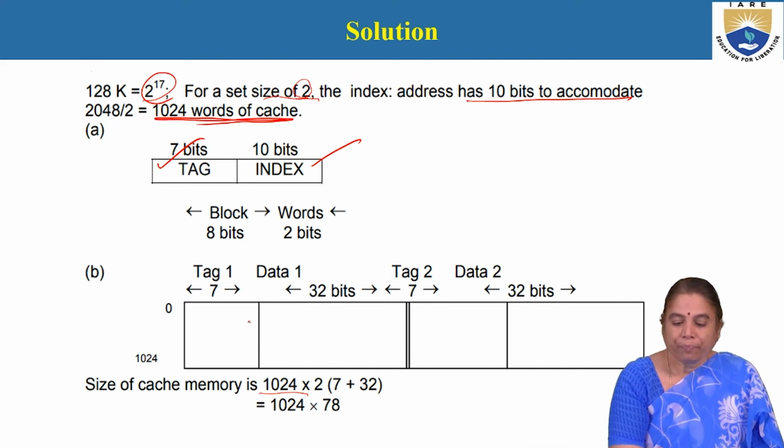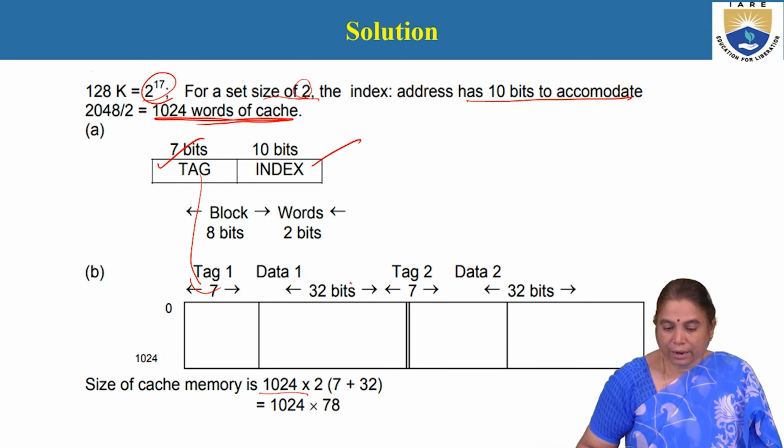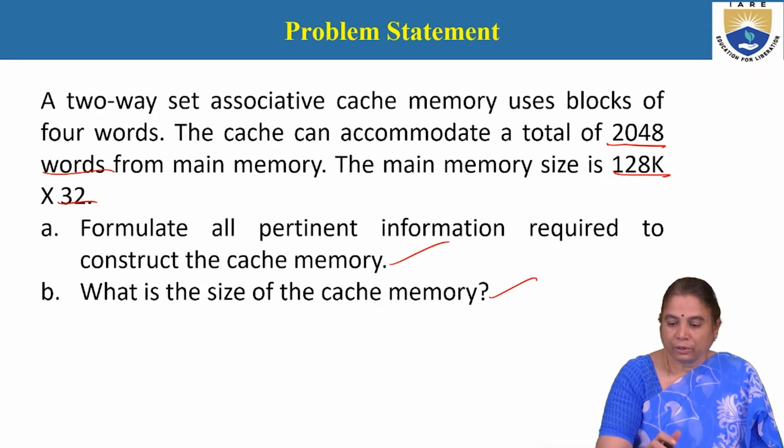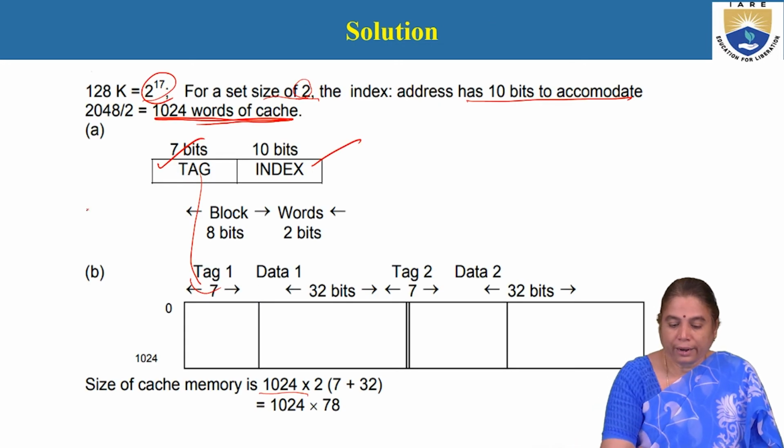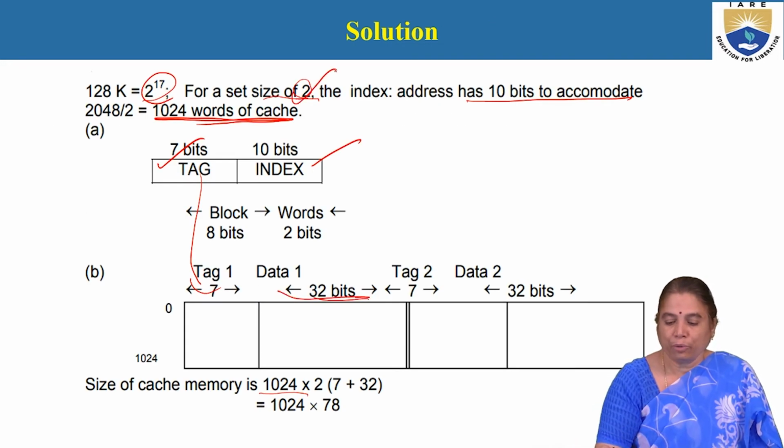So here 7 bits is the tag field and the data is 32 bits, so 128 by 32. So the number of sets is 2, and in each set the tag is 7 bits plus 32 bits to hold the word.